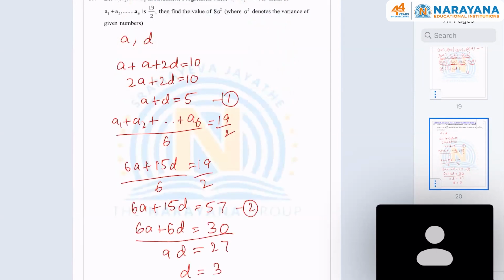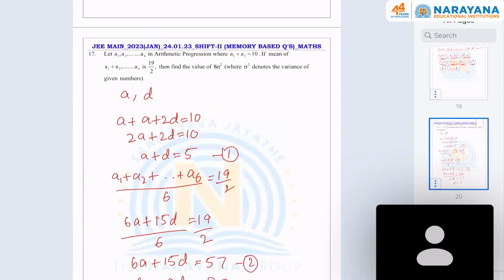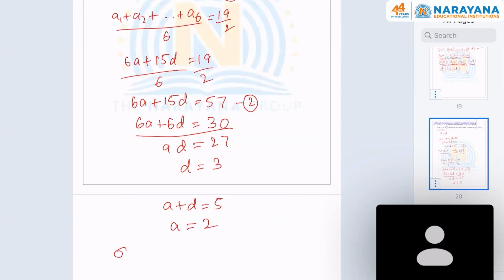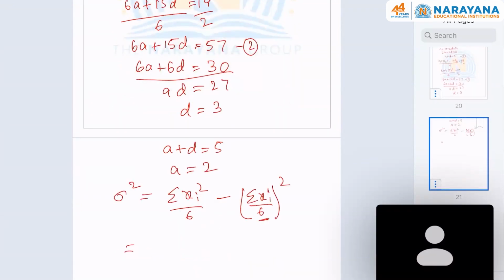Now I want to find the value of variance. Variance means sigma square, right? The formula is sigma xi square by 6 minus sigma xi by 6 whole square. Total number of terms is 6, and sigma xi by 6 is nothing but the mean. So for sigma xi square I have to square those terms which are in AP and add them.